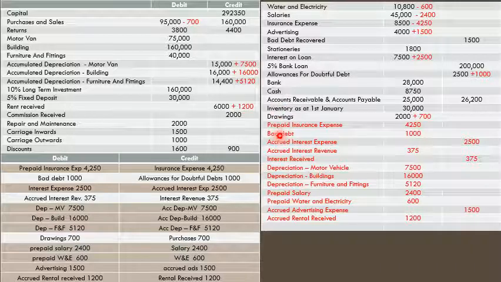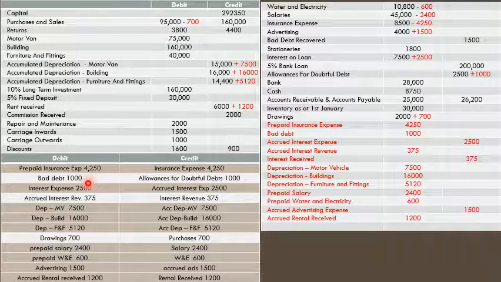So masukkan sahaja prepaid insurance expense sebelah debit 4250. Okay. So awak debit 4250 dekat sini. Kemudian kita kredit ke mana? Insurance expense. So ini account insurance expense kita. Tapi insurance expense sebelah debit kan. So kalau kita kreditkan, bermaksud kita kena tolak lah 4250.